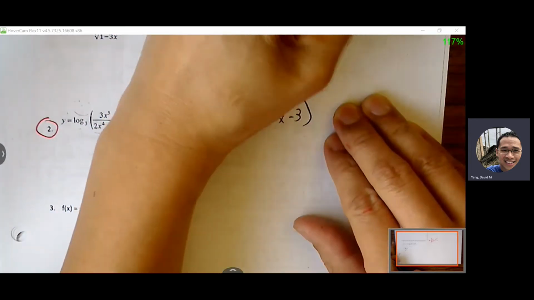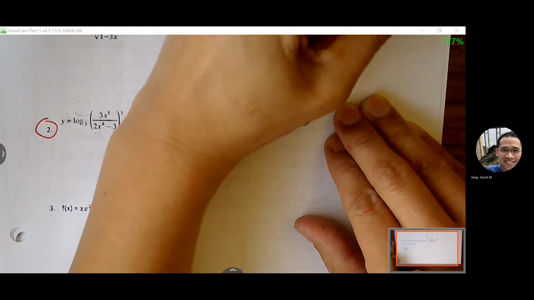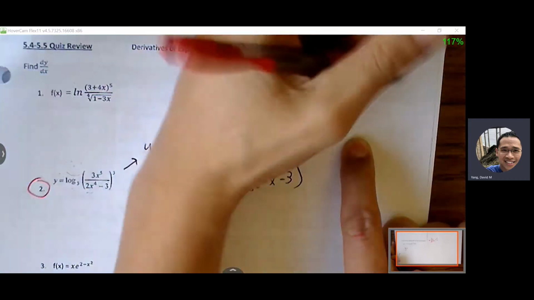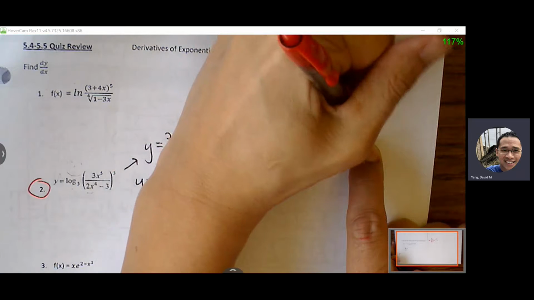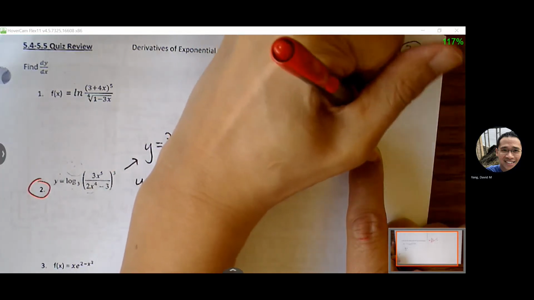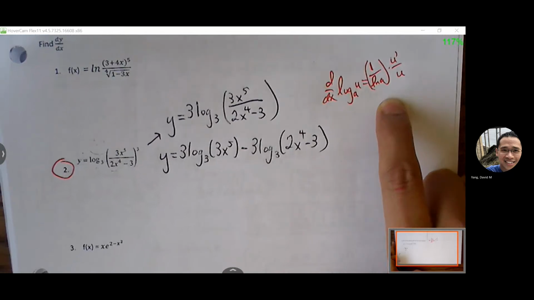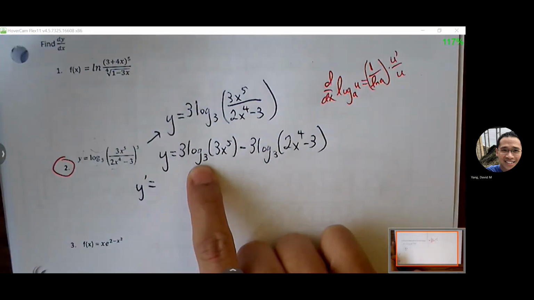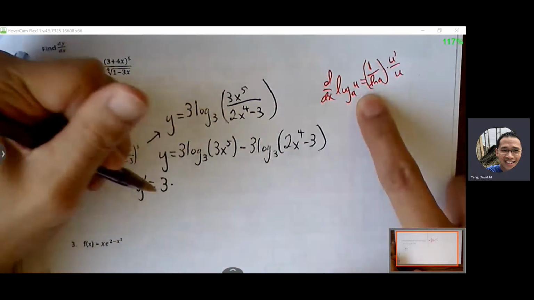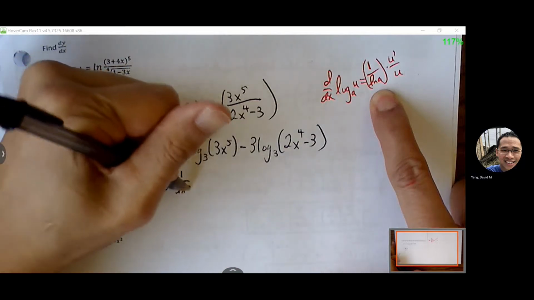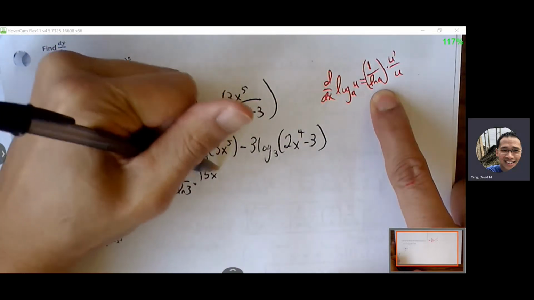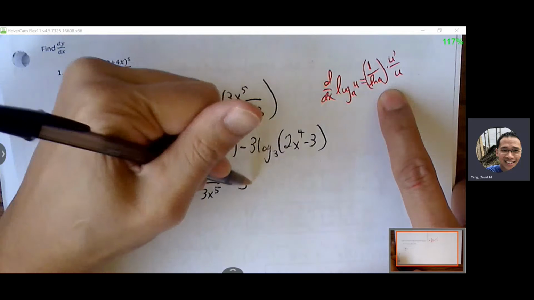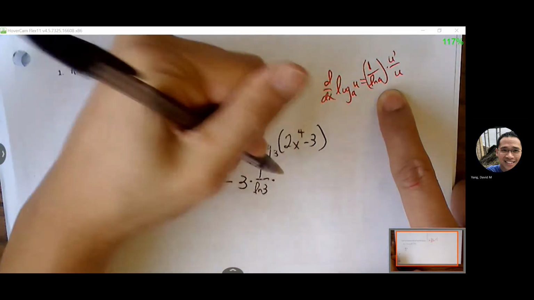So let me write the rule that we're going to apply. Looks a lot like natural log. There's a u prime over u with just a little bit of conversion that has to occur in front. Okay, keep 3, do our conversion, and then u prime over u.